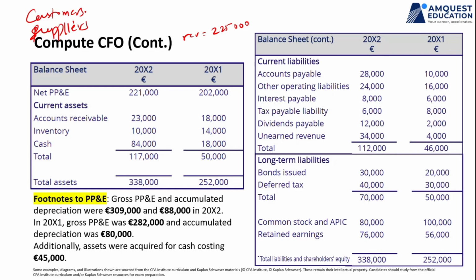So let's keep the revenue number here for you. For suppliers, you will need cost of goods sold. So I will write the number here, 124,000. Everything else is on the screen for you in terms of balance sheet numbers.